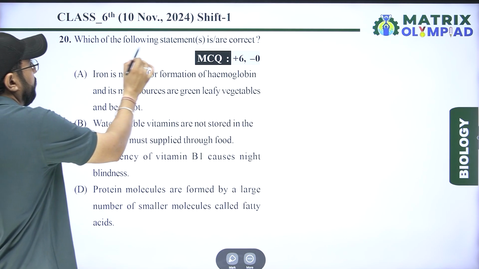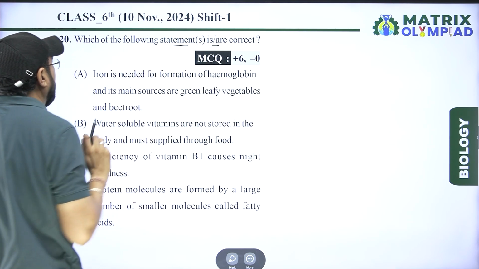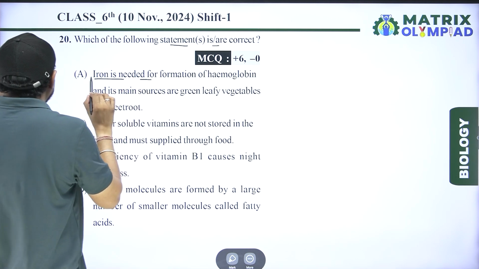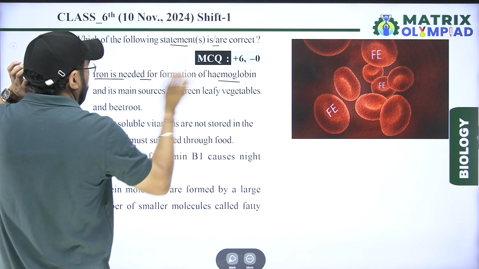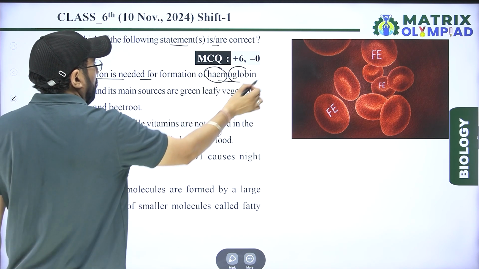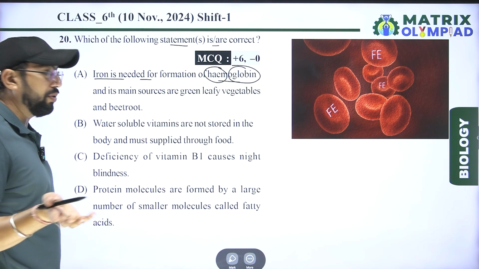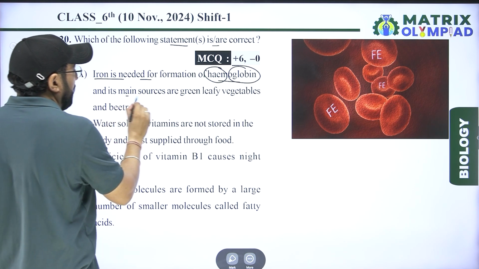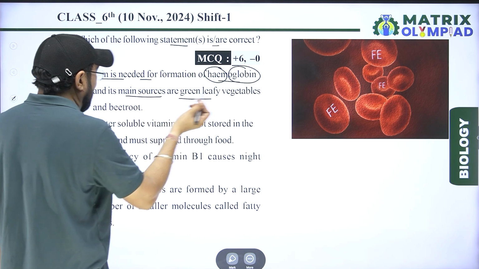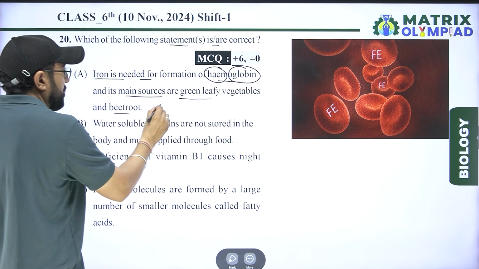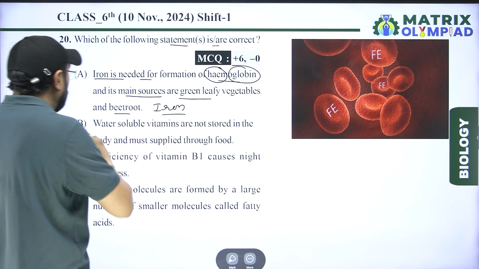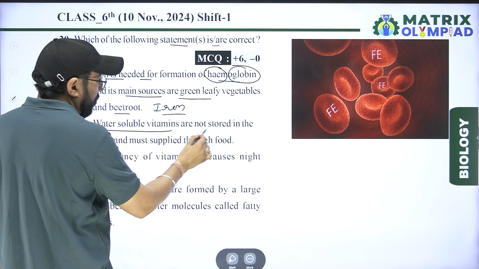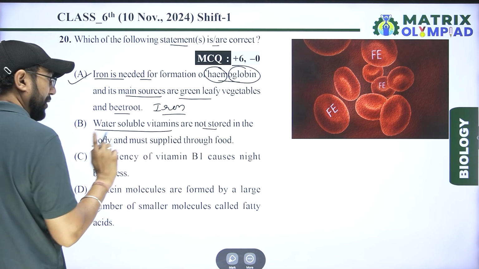Next is, which of the following statements are correct? Option A, iron is needed for formation of hemoglobin. Heme and globin, that is related to hemoglobin and contains iron, Fe, and the main source is green leaves and beetroot because they contain iron. So option A is right. Next, water soluble vitamins are not stored in body, right?